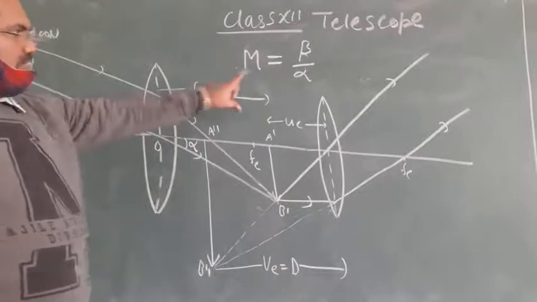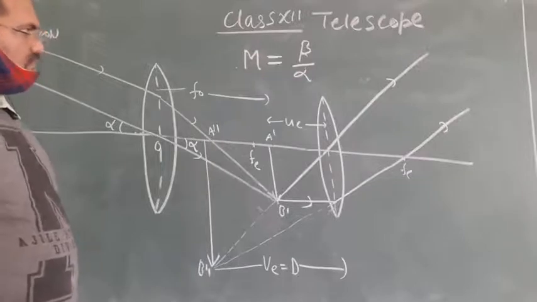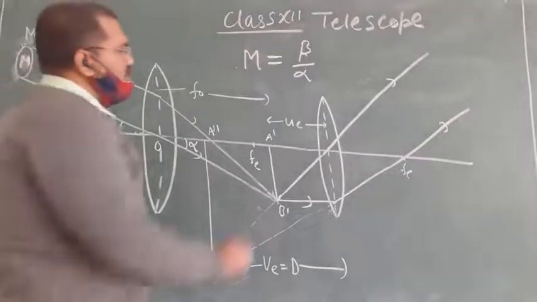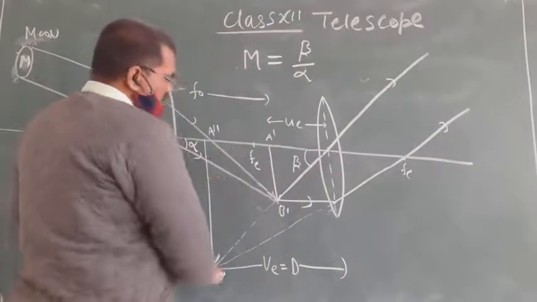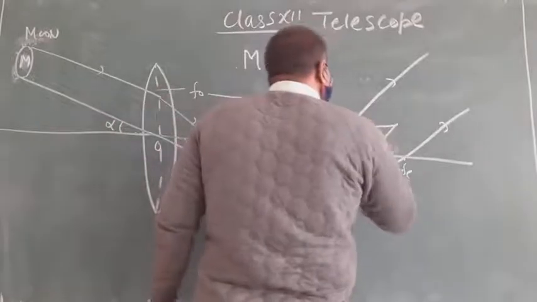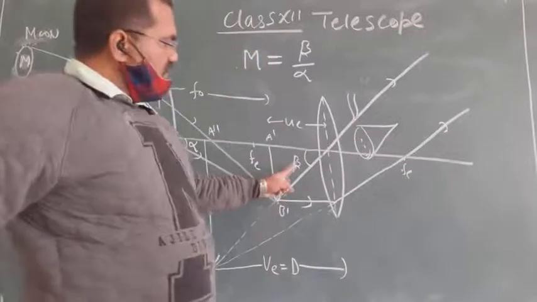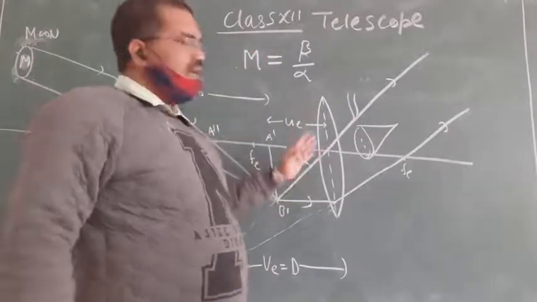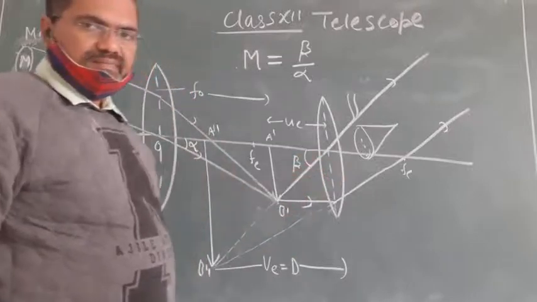So m equals beta upon alpha. What is beta here? This is beta. The final image is formed at angle beta at the eye lens of your eye. Angles obtained at the eye lens or at the eye will be the same because the eye is closer to the eye lens. Okay.